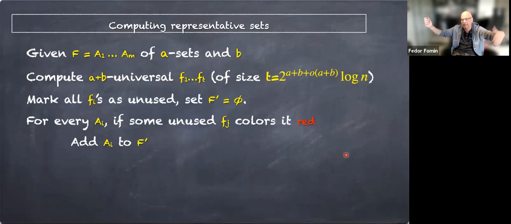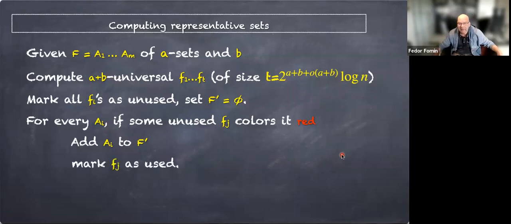Now I start to fill the set F prime the following way. I take Ai, and if there is some unused function fj which colors the set Ai in red, then I add Ai to the family F prime and mark the function fj as used. Then I output the family F prime. Are there any questions about the algorithm?